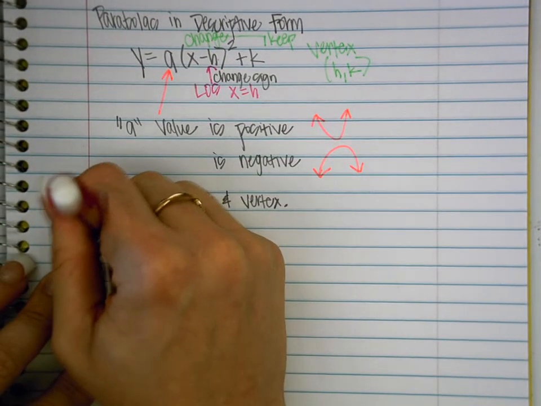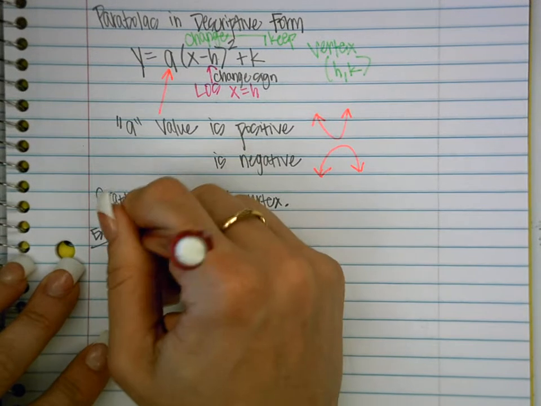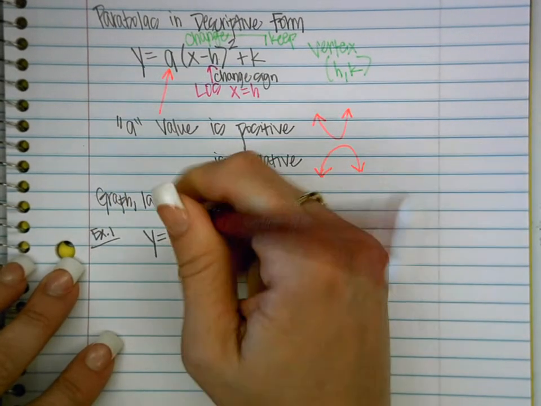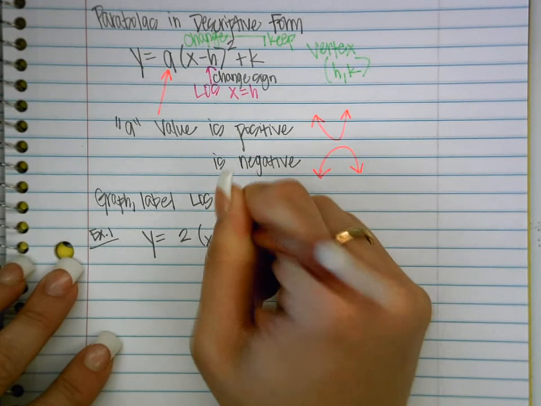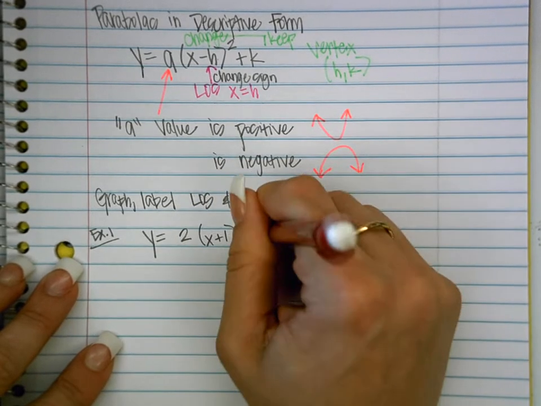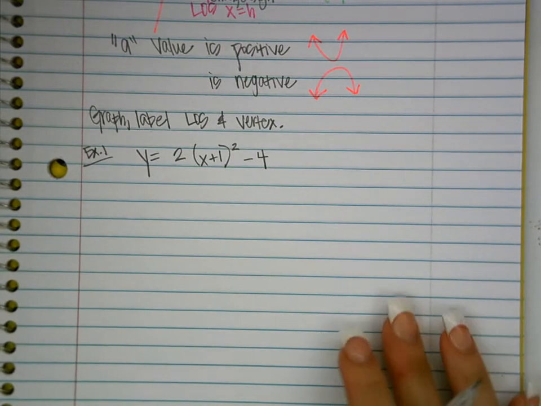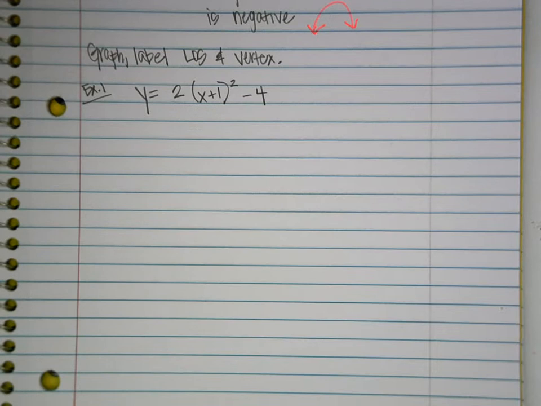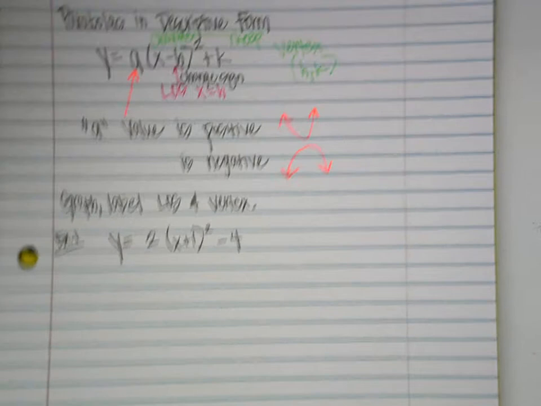So for example number 1, I would like you to graph and label the line of symmetry and vertex of y equals 2 times (x plus 1) squared minus 4.